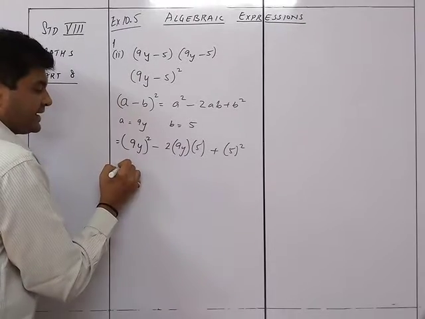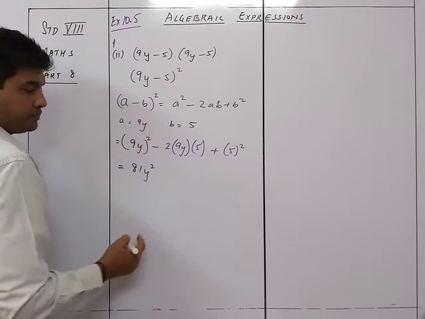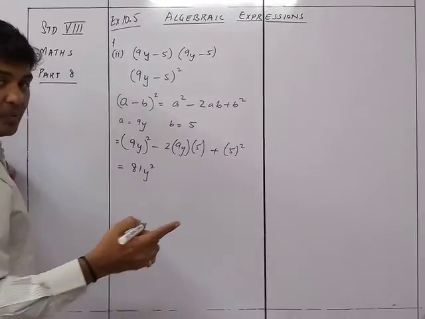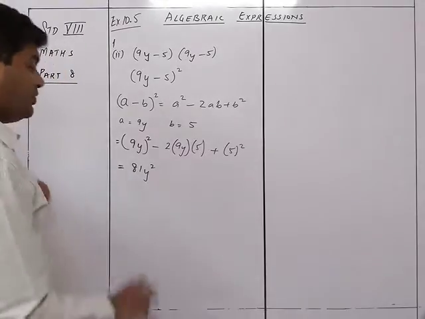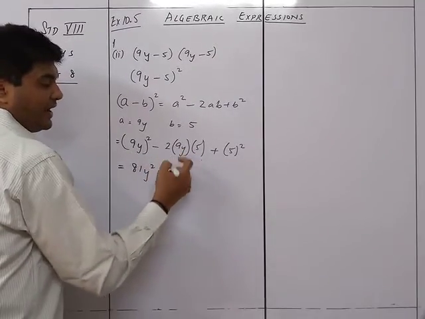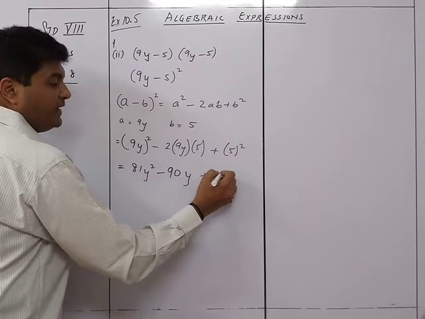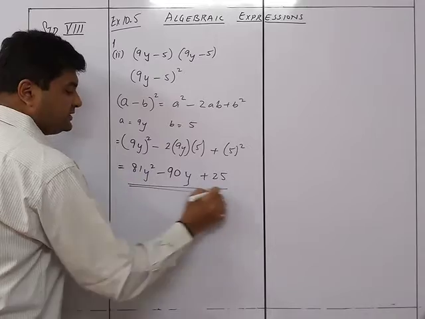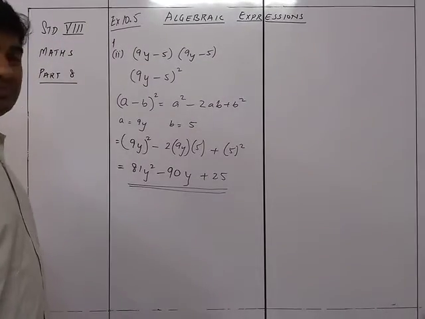Now you open the brackets. 9 square is 81y square. Do not forget y will also get squared, so do not just write it as 81y. It is 81y square. Minus, 2 fives are 10, 10 into 9 is 90, so it is 90y, plus 25. So the answer over here is 81y square minus 90y plus 25.